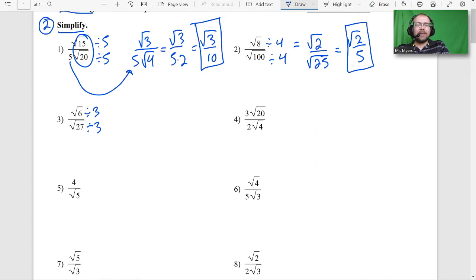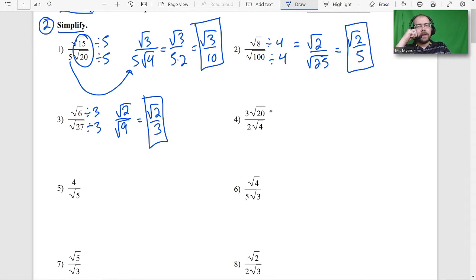But I don't like to do that, it just makes it look more sloppy. 6 divided by 3 is 2. 27 divided by 3 is 9. Square root of 9 is 3. And we're done.